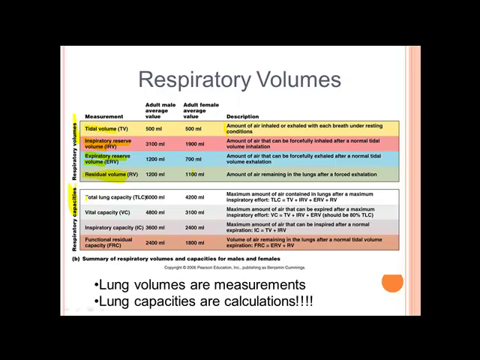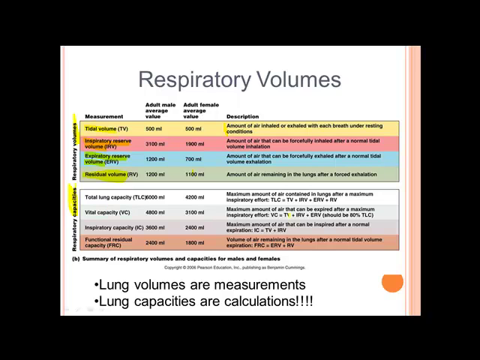Next one's our total lung capacity. So total lung capacity is going to be all of these combined. It's how much air is in the lung when it is completely blown up at its fullest. So it's going to be your tidal volume plus your inspiratory reserve plus your expiratory reserve plus your residual volume. Vital capacity is how much air you can breathe in and breathe out on a maximum breath.